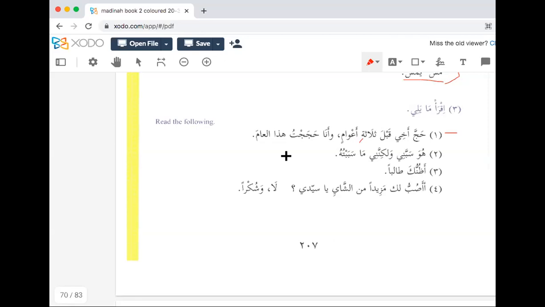A'waam. A'waam. This is the plural. This is the plural of am, which means a year. Three years, three years ago. And I did Hajj this year.